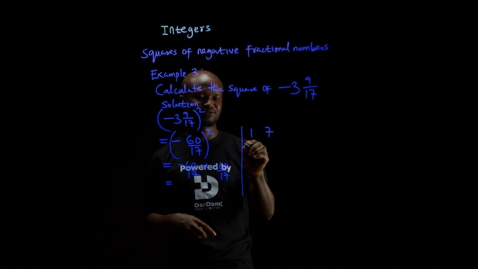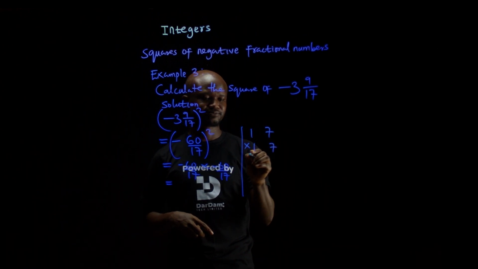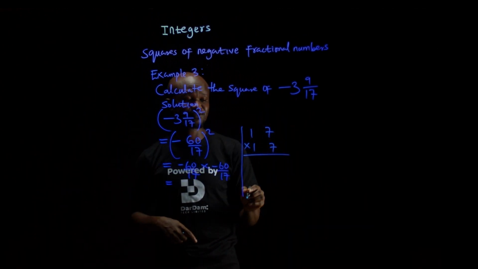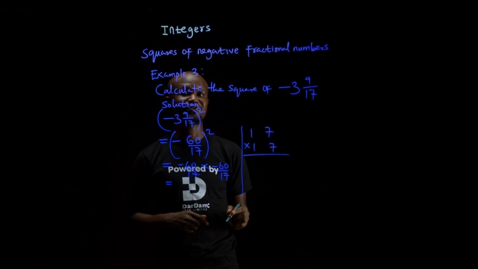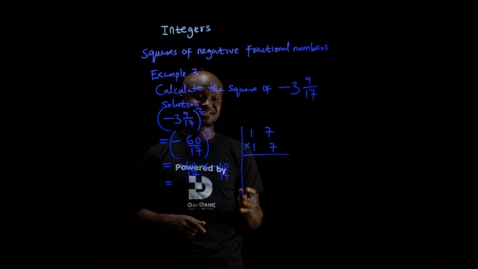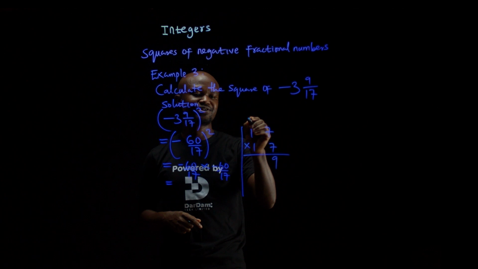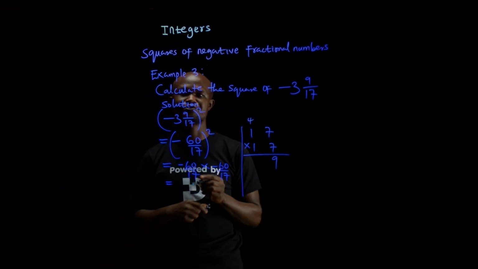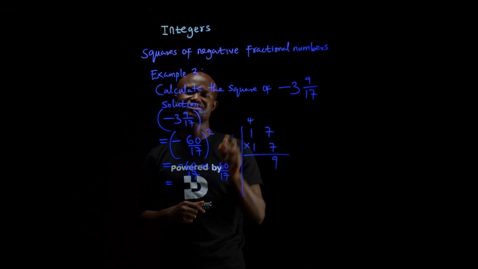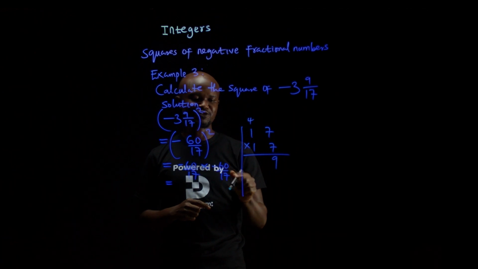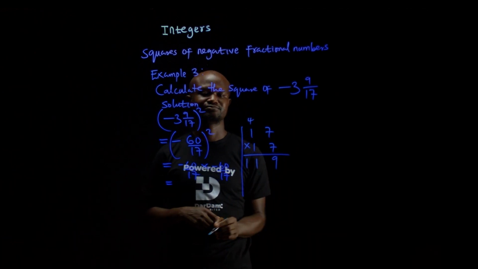So in that case, let me show you. 17 by 17. 7 times 7, that's the first thing. 7 times 7, what do we have? 49. Then we carry 4. 7 times 1, that is 7. 7 plus 4, that's 11.